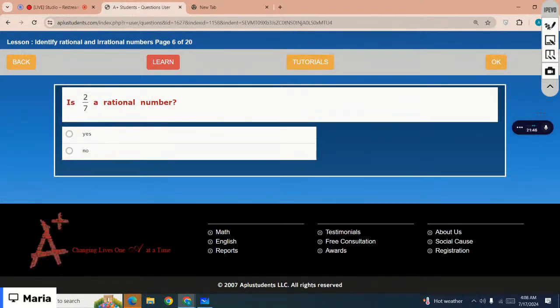Is 2 by 7 a rational number? Yes, 2 by 7 is a rational number.